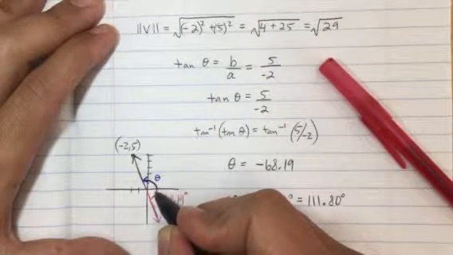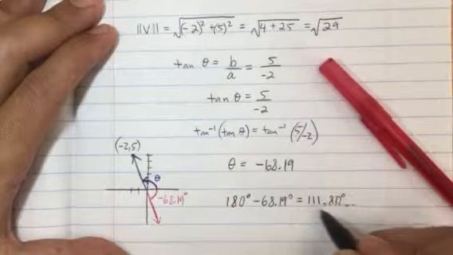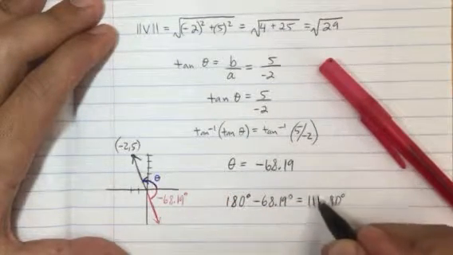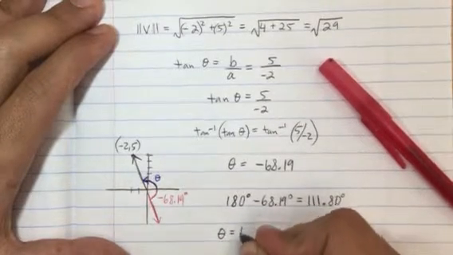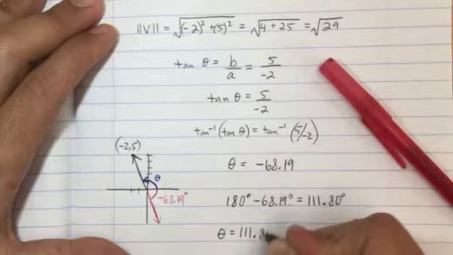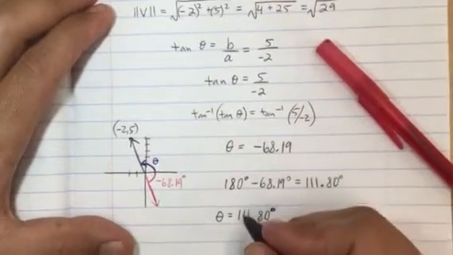The red one we don't want to use, so we take that one away and are left with the blue one. So that blue one is 111.80. That's the right angle, and that's our answer right there.